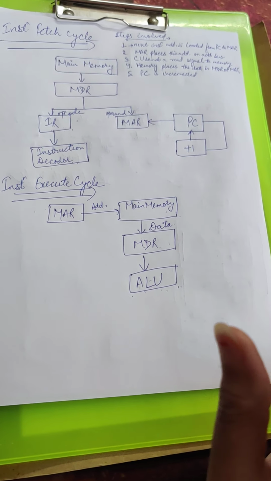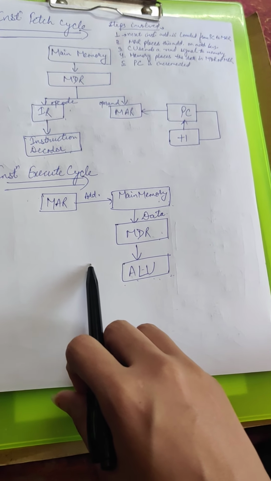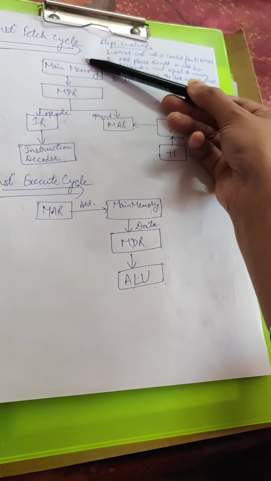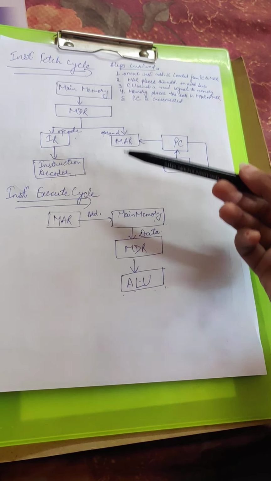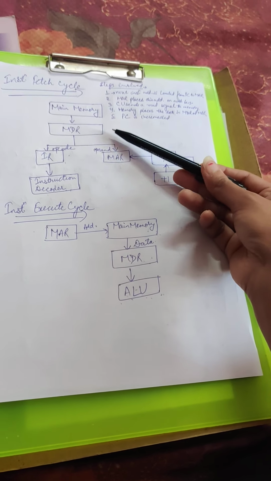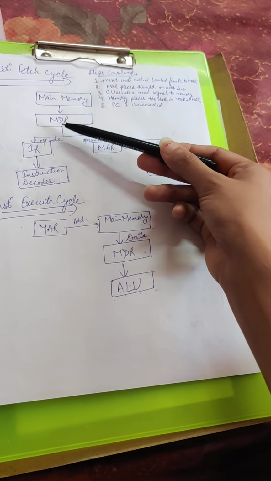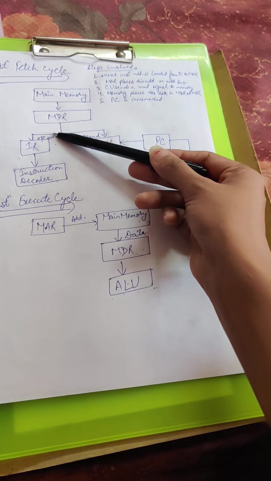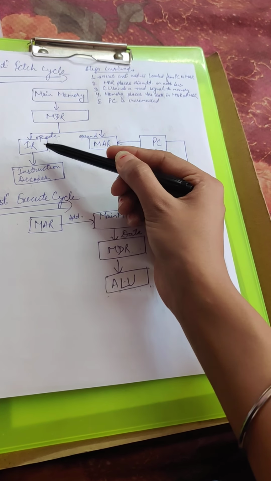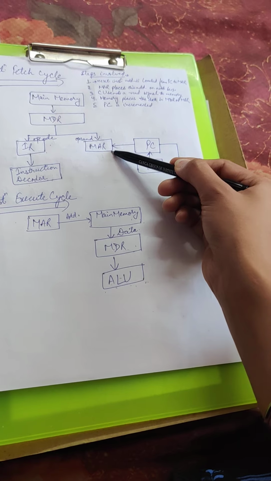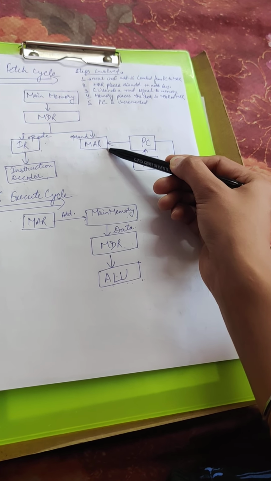This is the execution cycle. So the instruction cycle consists of two parts: fetch cycle and execute cycle. In the fetch cycle, the instruction from the memory is placed in MDR, and then it is divided into two parts: the opcode, which is loaded in IR, the instruction register, and the operand, which is used in MAR, the memory address register.